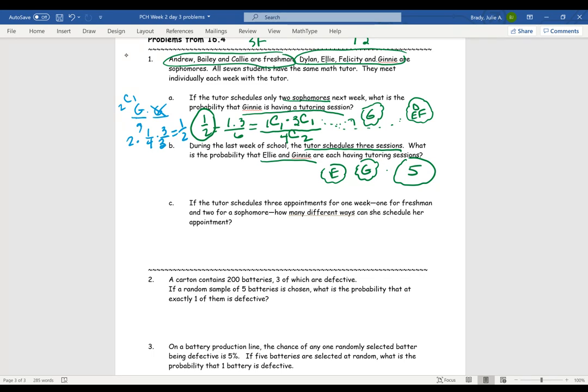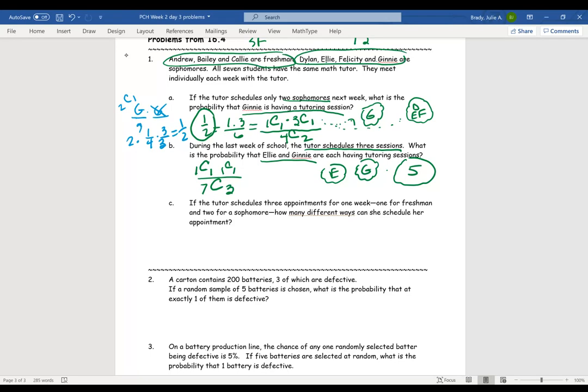Okay, so let's see. During the last week, you're going to get 3 sessions. So out of those 7 students, I'm going to choose out 3. That's just a random way to grab a group of 3. But I want to grab a particular group. So I'm going to go to Ellie. I'm going to pick her. 1, choose 1. I'm going to go to Ginny. I'm going to pick her. 1, choose 1.